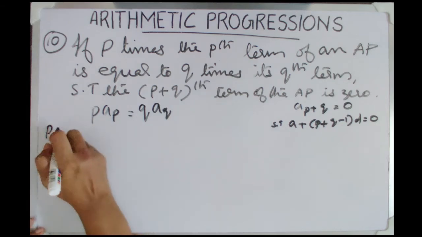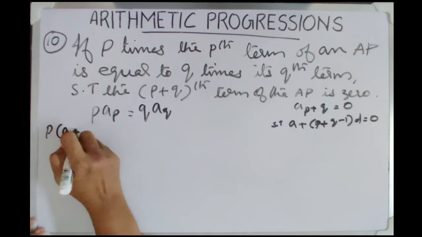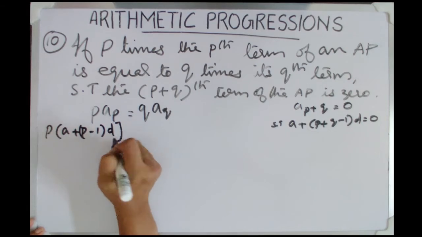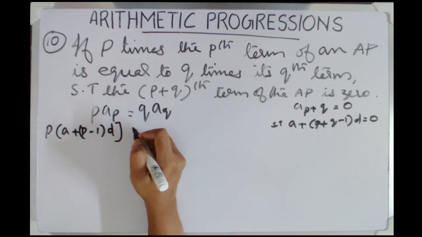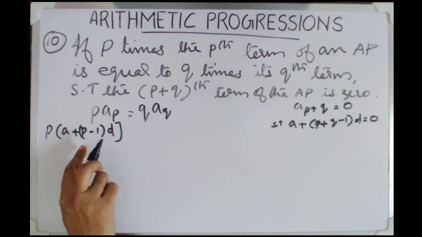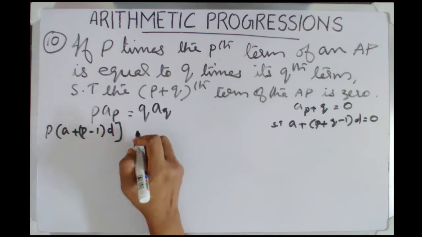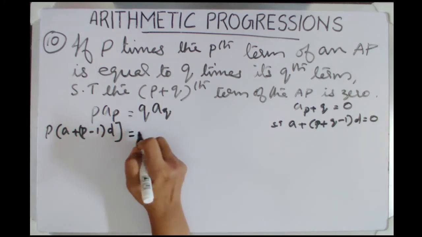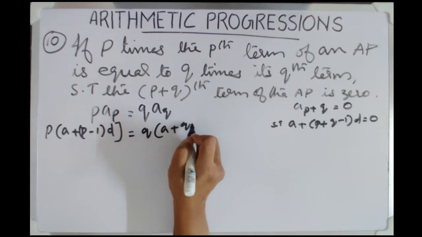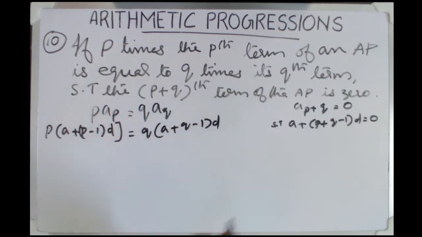We can rewrite it as p a_p, where a_n is a plus (n minus 1) into d. So we can write a_p is a plus (p minus 1) into d. That is equal to q into a_q, which means a plus (q minus 1) into d.